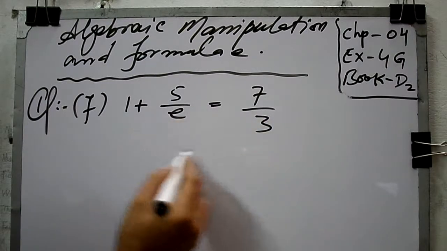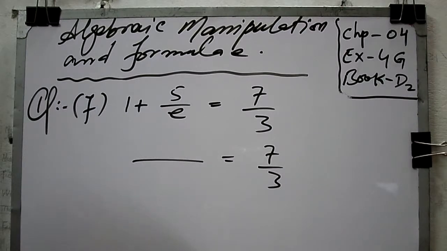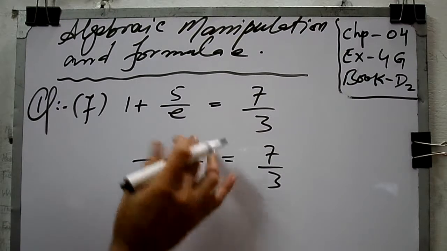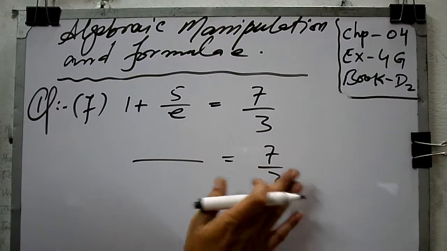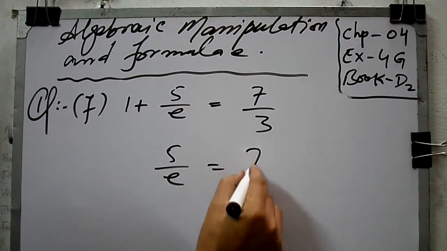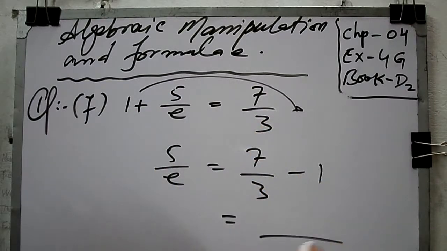So taking LCM, because here the variable is 5 by e, the constant value should be shifted here, 1 should be shifted here, so minus 1. So the LCM will take the constant values, that is 7 minus 3, so 4 by 3, so that is your 5 by e.